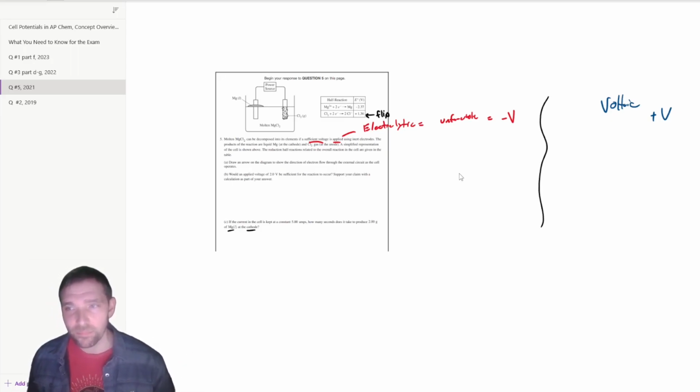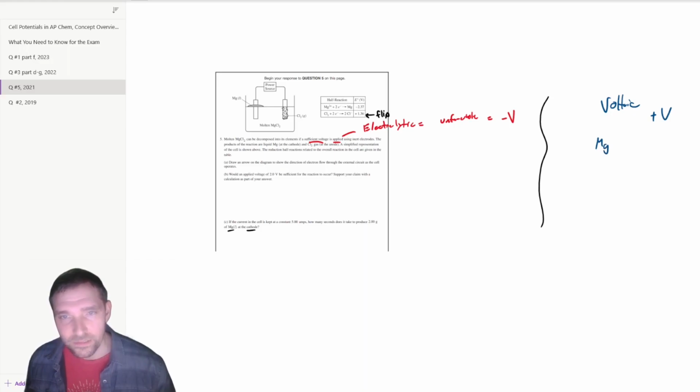So if I was trying to get a positive voltage, I was seeing a certain reaction where I wanted the magnesium to actually flip. So the magnesium is giving off 2 electrons, and that would be a positive 2.37 volts.